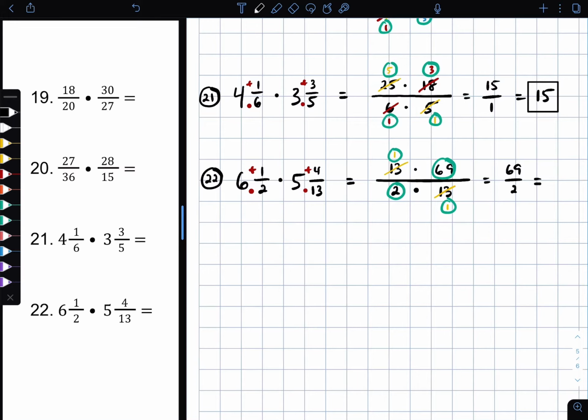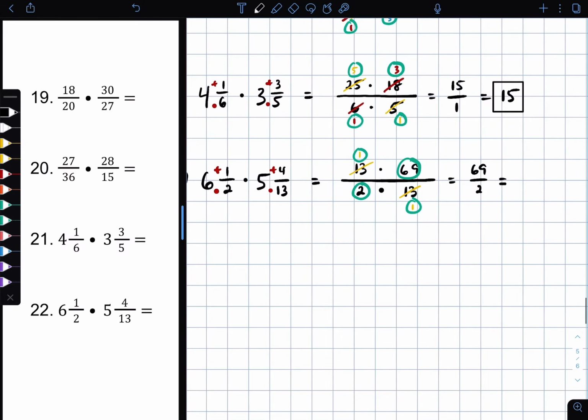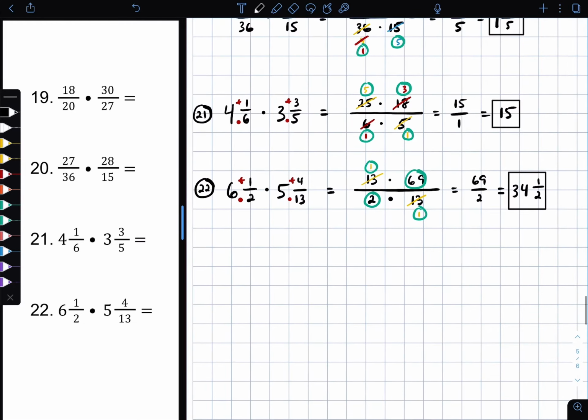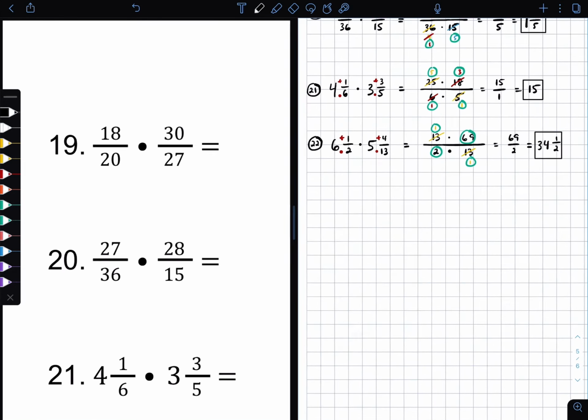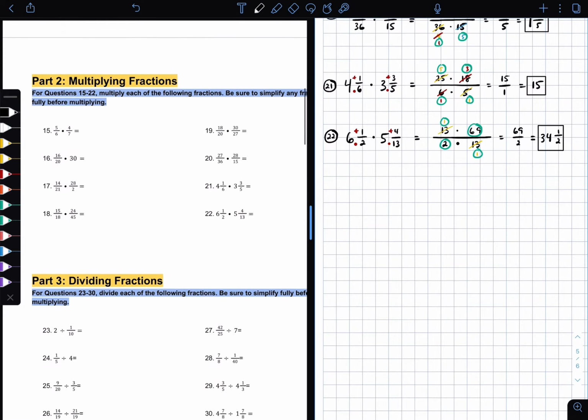Doing some division, 2 will fit into 69 34 times. 34 and 1/2 times. Again, you can use a calculator to check that if you'd like to, or do the long division, but it goes in 34 times with 1 left over, or 1/2. All right, and there you have it, up to question 22, all the multiplication problems.